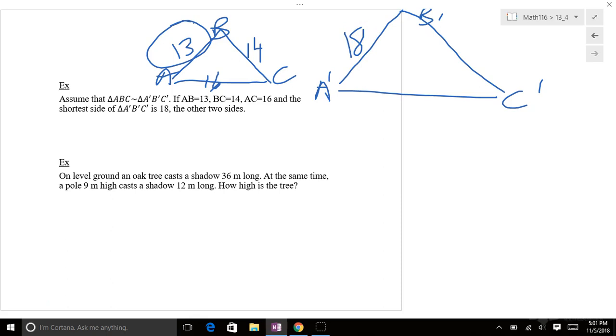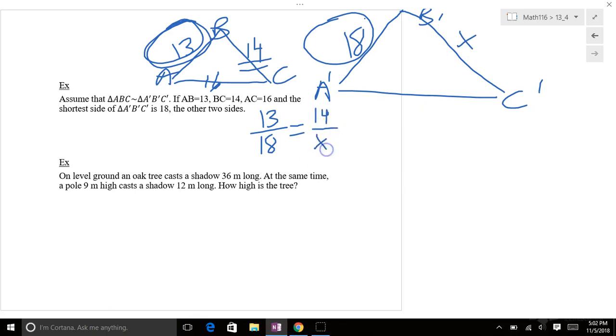Well, they're obviously not the same side lengths because they're different sized triangles, but now you can set up a ratio. So 13 is to its corresponding side 18, as 14 is to, let me call it X right here. So X is B prime, C prime. 14 is to X. And then we can just cross multiply.